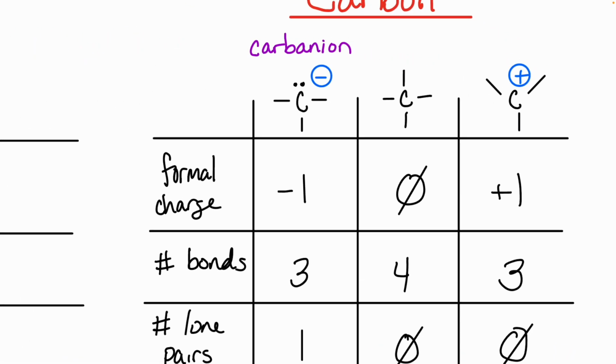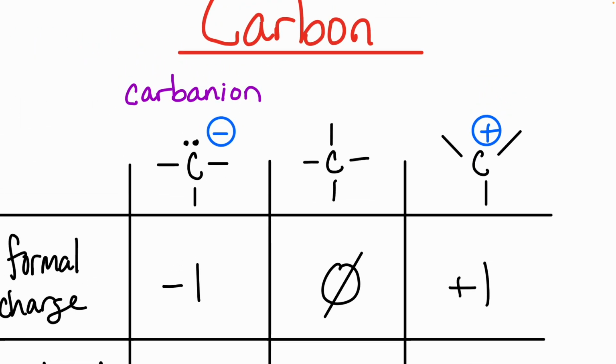All right, so first of all, we got another special name. If it was negatively charged, we call it a carbanion. When it's positively charged, we call it a carbocation.